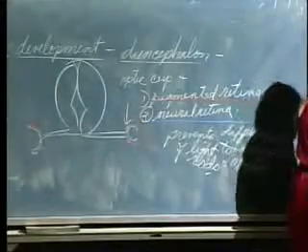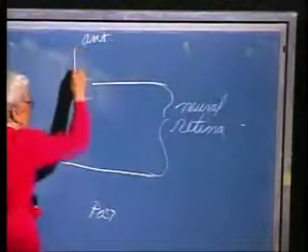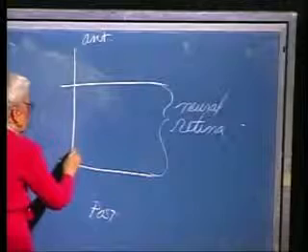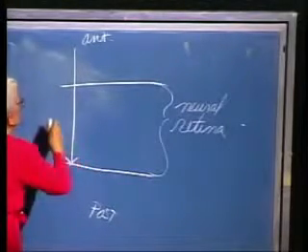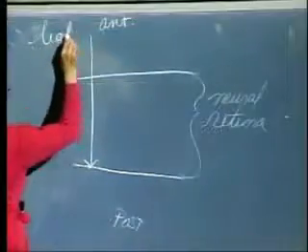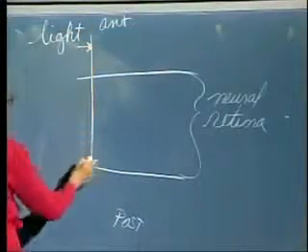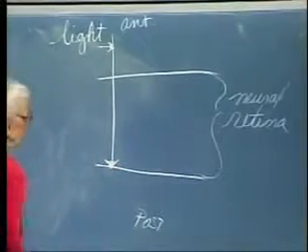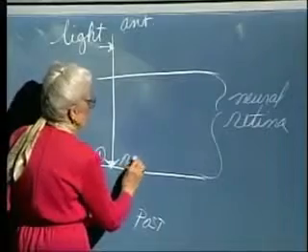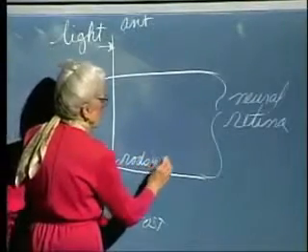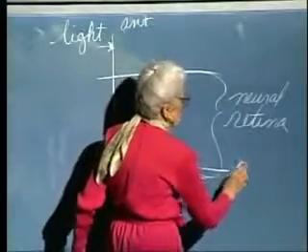We'll start with the light coming through, comes all the way through the retina to the lowest level of cells. And the first layer will be the rods and cones. And these are your photoreceptors.